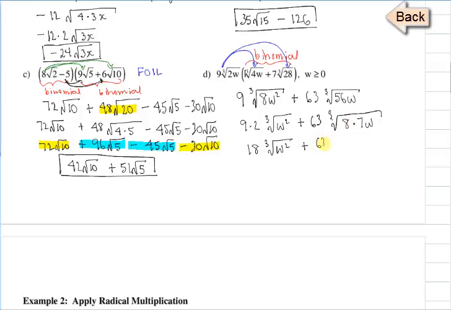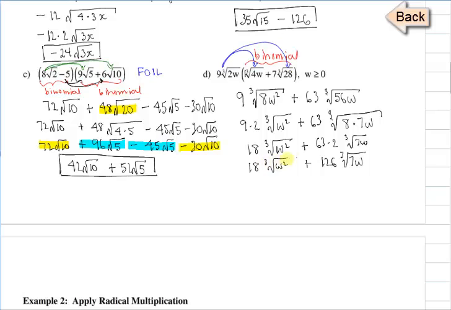And so I'm going to go 63 times 2, cube root of 7w, and then I will simplify that more fully on the next step. So 63 times 2 is 126, cube root of 7w.